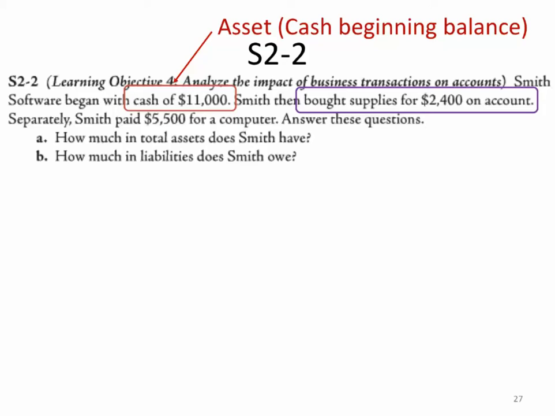Okay. Supplies are what we're getting. We're buying supplies. So what did we get? We bought these supplies. We're getting $2,400, and that's an asset. So are assets increasing or decreasing? Increase, yes, because we're getting these supplies. So assets are increasing, so we can add $2,400 to our assets. Now, the other side of that transaction, anyone know what the other side would be?